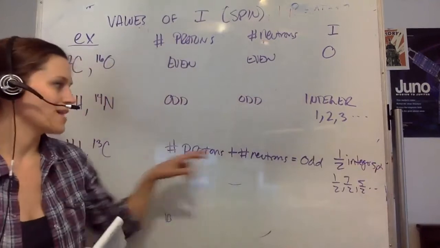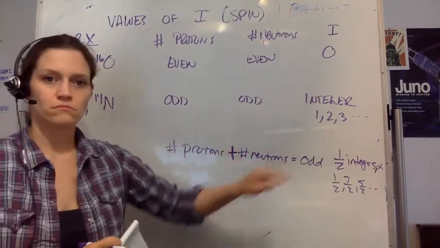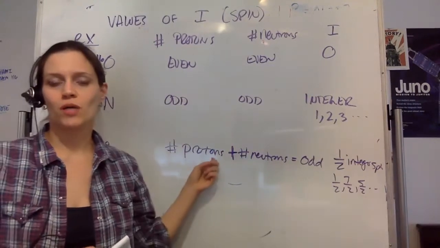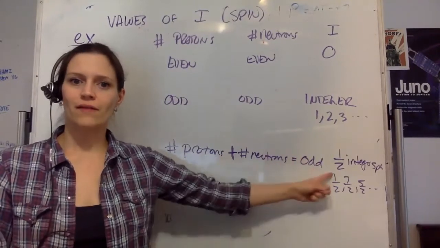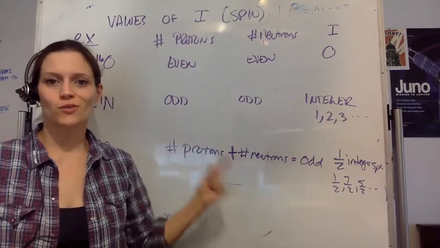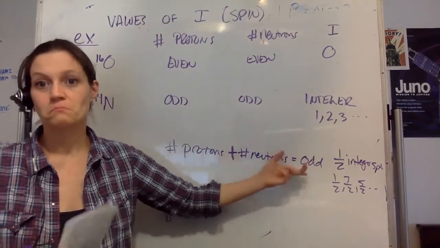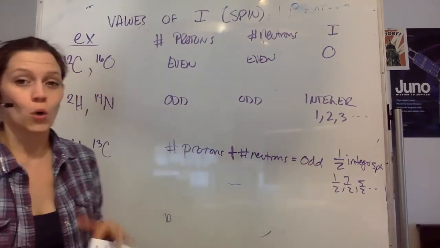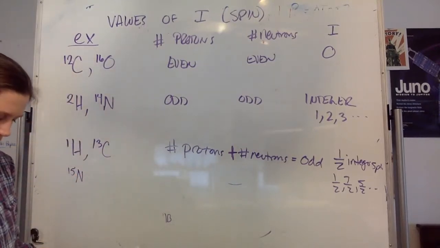If you look in Atkins, it says if your protons are odd and neutrons even, half integer. If protons are even and neutrons odd, half integer. So if one of these two is odd, adding them together guarantees an odd number. So I just add them together, or you just memorize it, that also helps. But that's where that comes from.